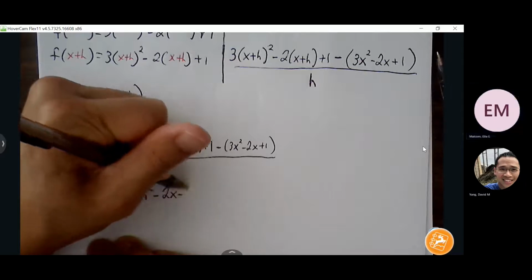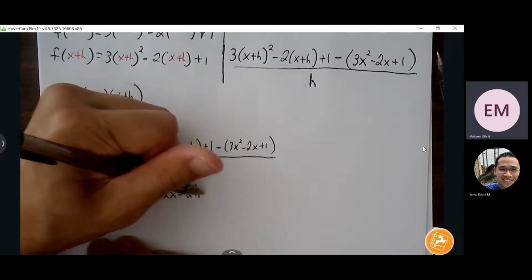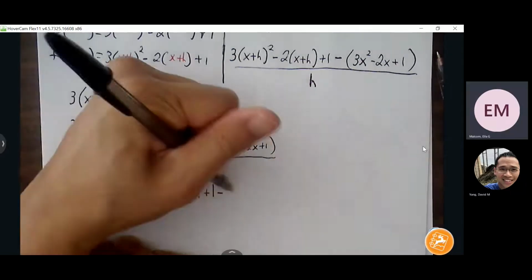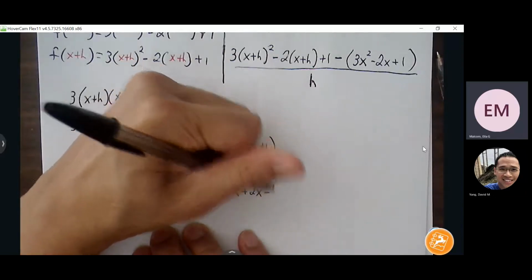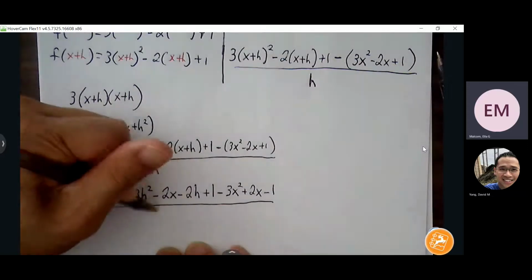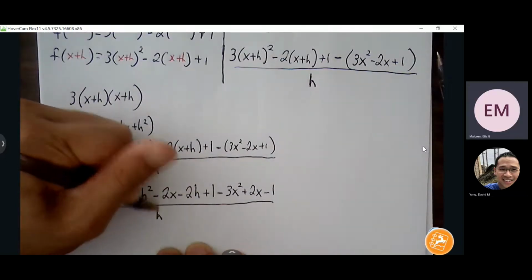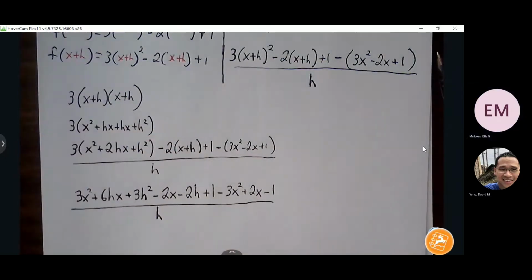So 3x squared plus 6hx plus 3h squared minus 2x minus 2h plus 1 minus 3x squared plus 2x minus 1. Well, our 3x squared minus 3x squared, those can cancel out.